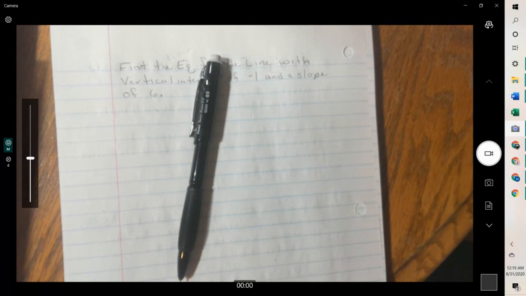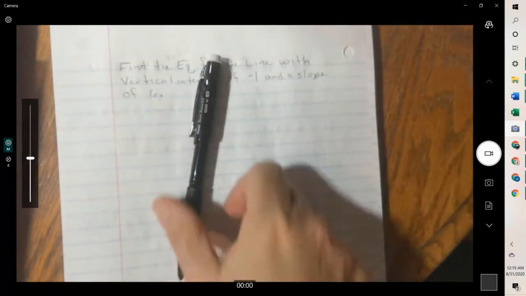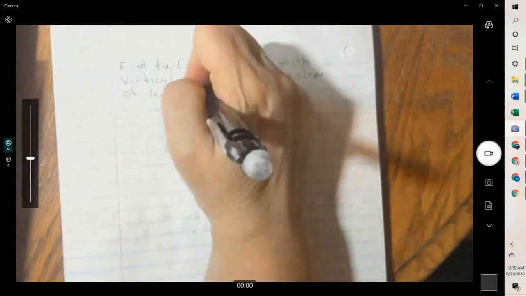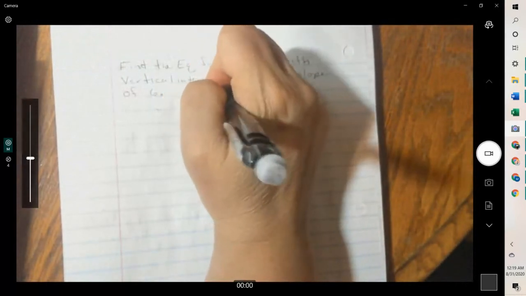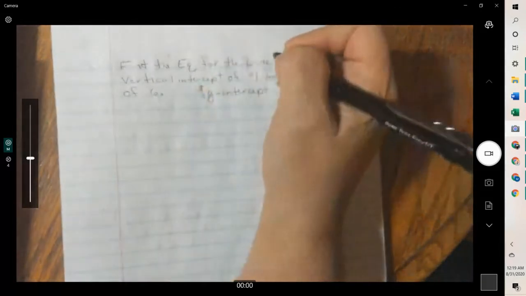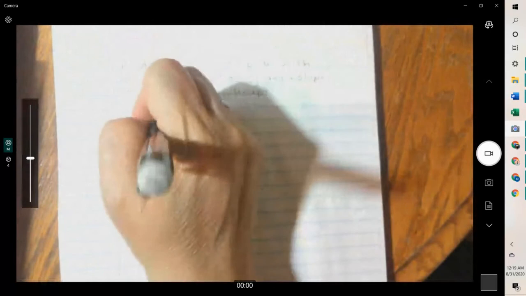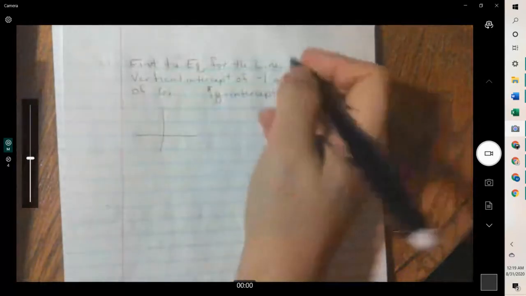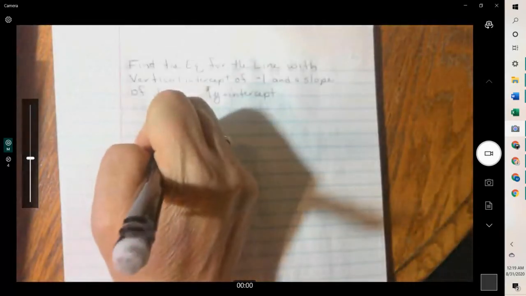Vertical intercept is a point where the graph, the function, intersects the y-axis. Okay. So it is your y-intercept. It's not used very often, but it would hit the y-axis at a -1.